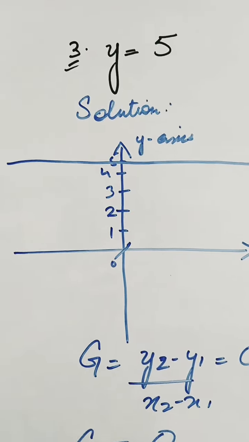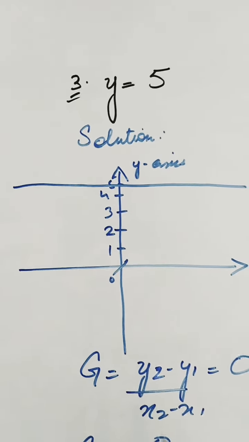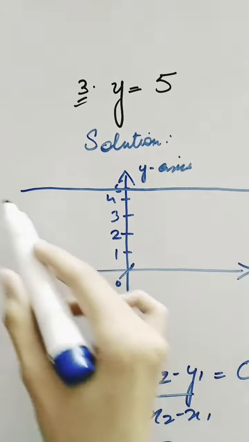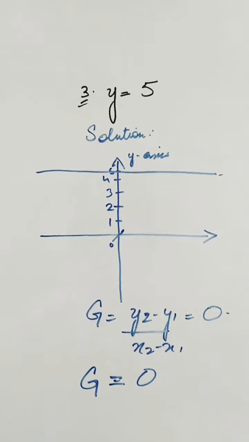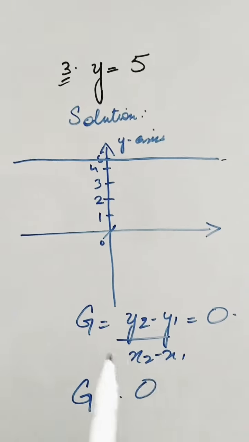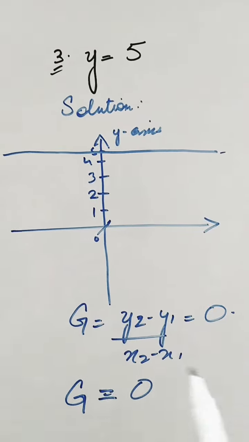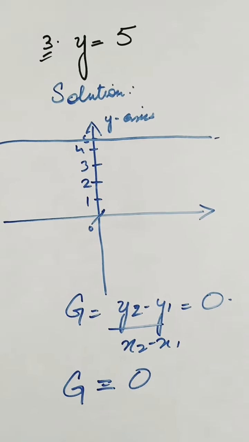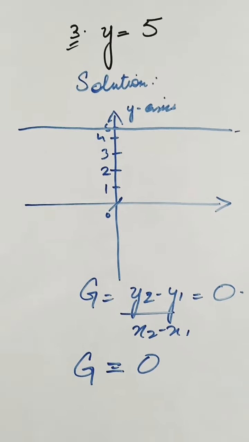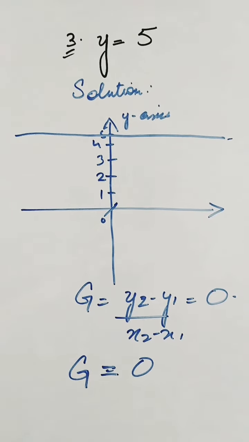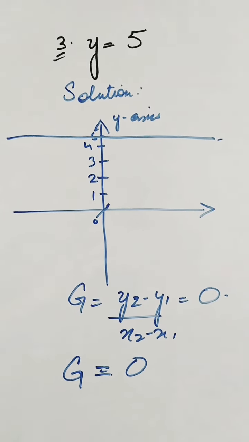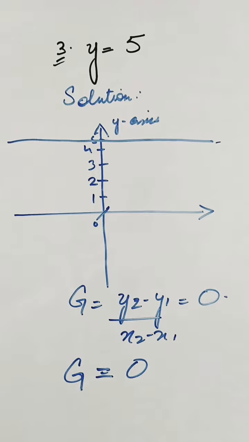So the gradient of this line is 0. Whatever the values of x2 or x1, they become unimportant, as y2 minus y1 is 0, which makes the gradient 0. So the gradient of this sort of line is 0, as we have learned earlier in this lesson.